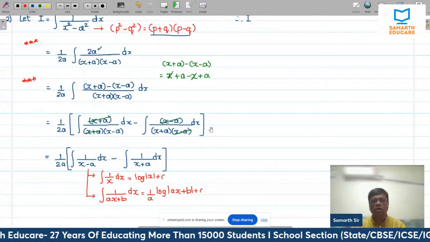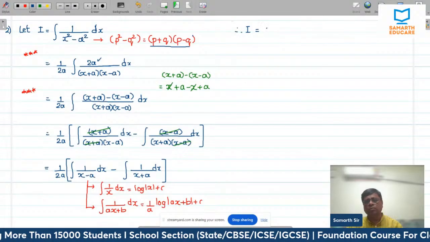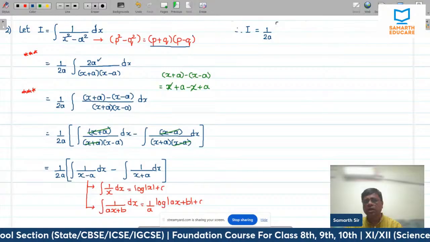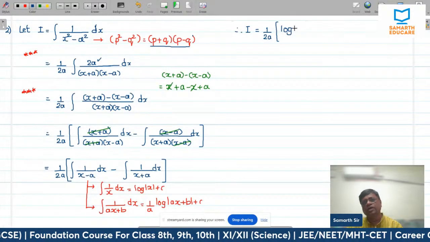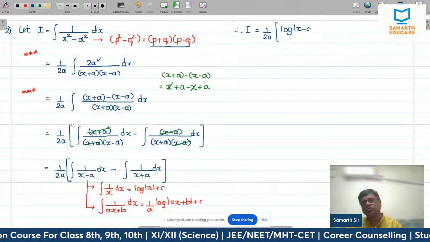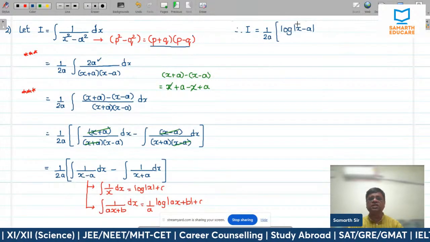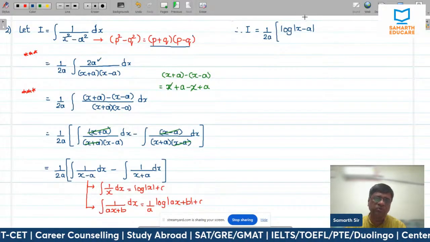All right, now coming back to this, I is equal to 1 upon 2a, बाहर है ऐसे जैसे है वैसे लिख दिया. Now this is log of x minus a. What is the coefficient of x? x के साथ कौन है? 1 है, तो x का coefficient कितना बन गया? 1 बन गया. अगर 1 से divide करूं, multiply करूं, कुछ भी फर्क नहीं पड़ने वाला.